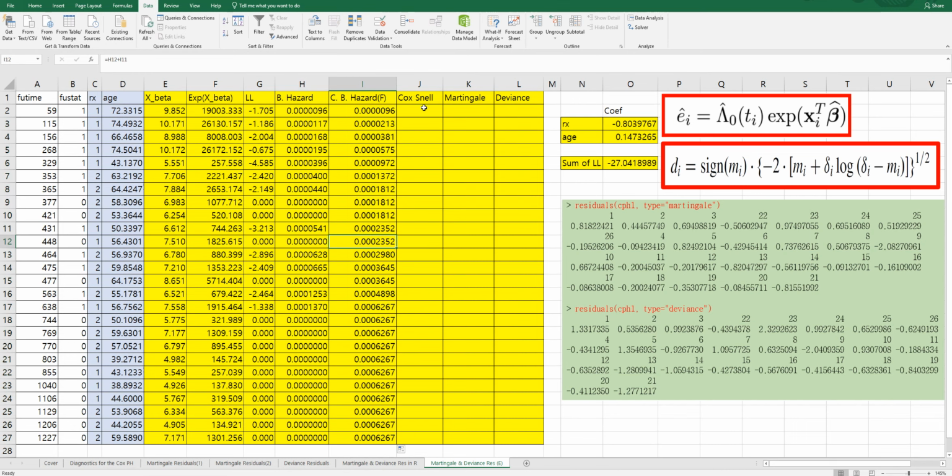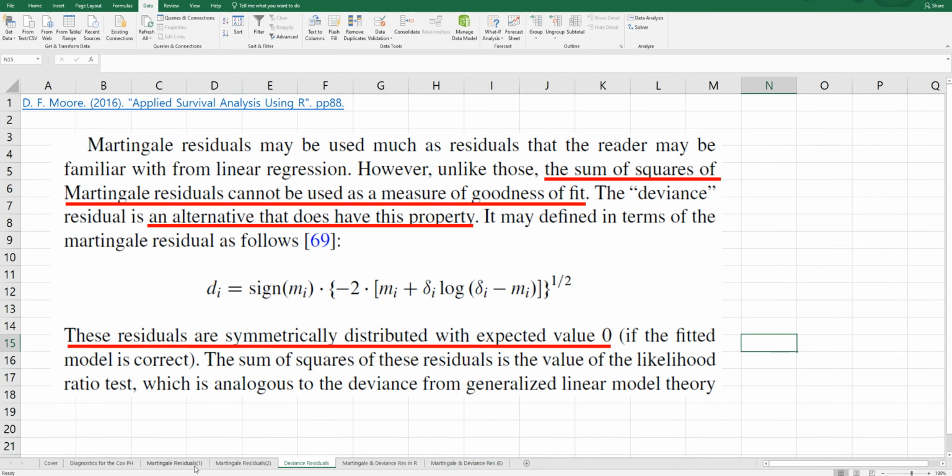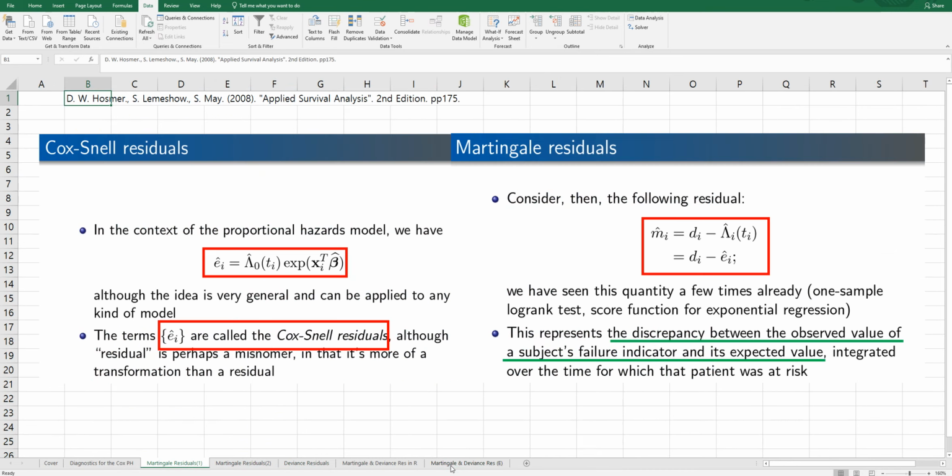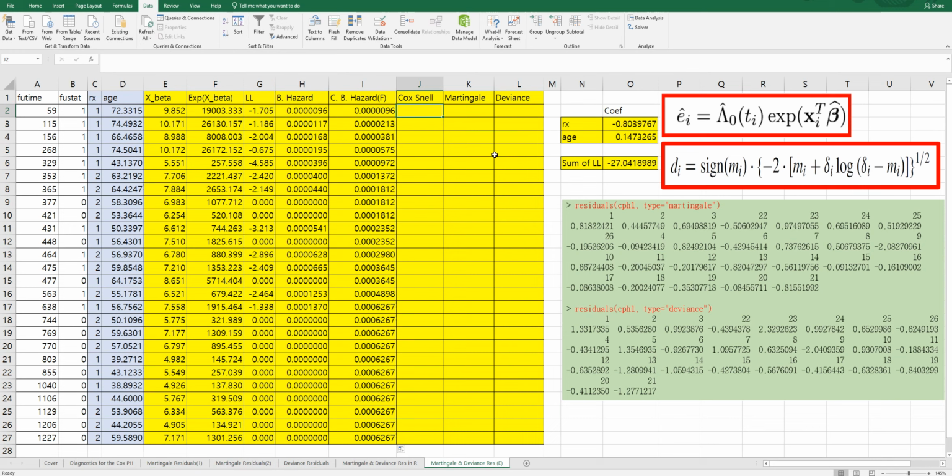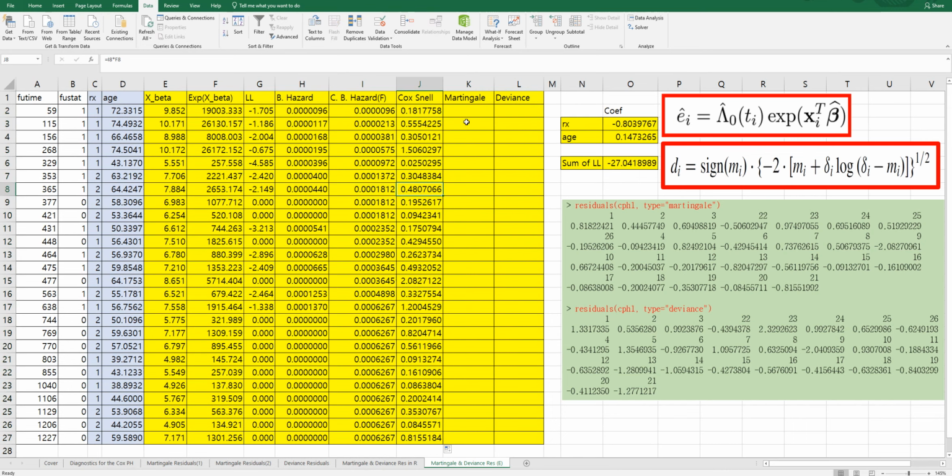Then Cox-Snell is the cumulative baseline hazard times the exponential of x beta. Then Martingale residual is the event, if you use that, minus Cox-Snell.